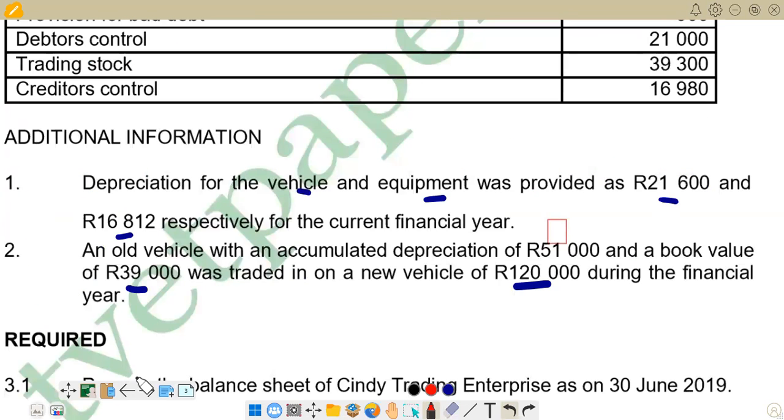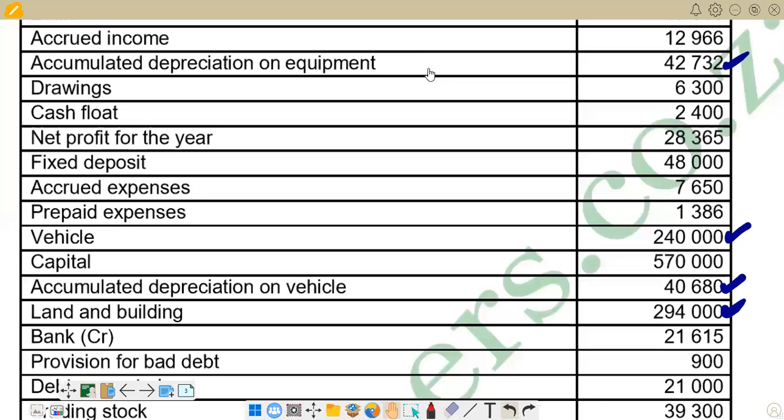So if you come here, we want to see what we actually have in terms of that figure. Let's see what we have in terms of debtors. Debtors is here, which is our 21,000.